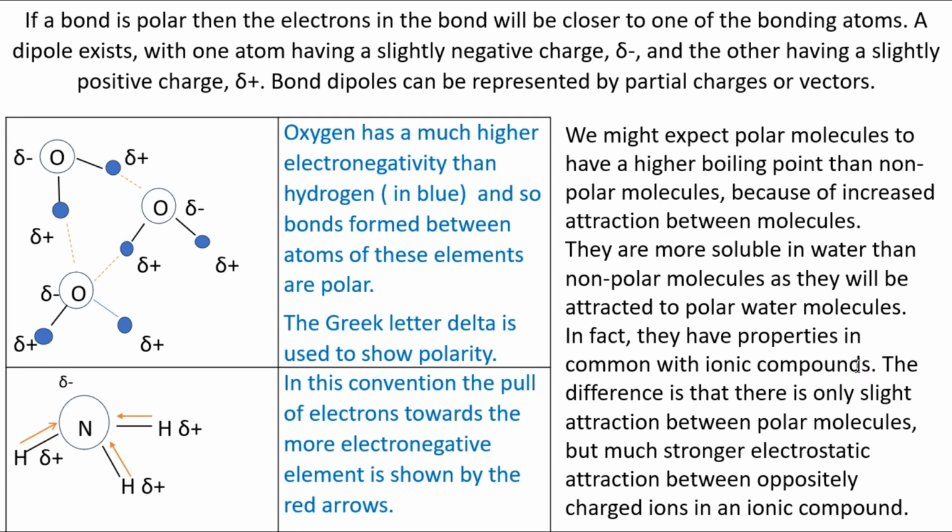The difference is that there is only slight attraction between polar molecules, but much stronger electrostatic attraction between oppositely charged ions in an ionic compound.